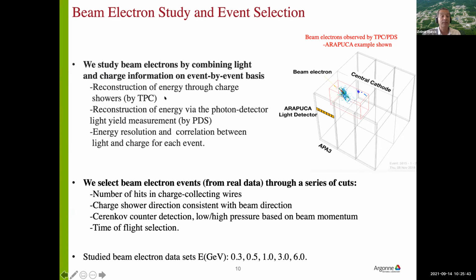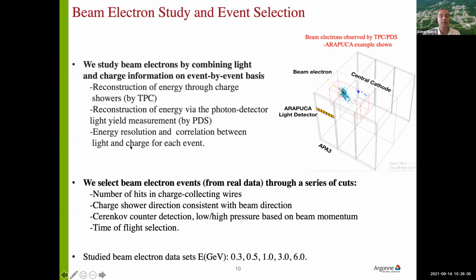So basically here we studied the beam electrons by combining light and charge in the following way. We do reconstruction of the charge alone, which will be done by the TPC. Then we reconstruct energy via photon detector light yield measurement by the photon detector system. And then we correlate this and study energy resolution. So this is work in progress that I'll describe.